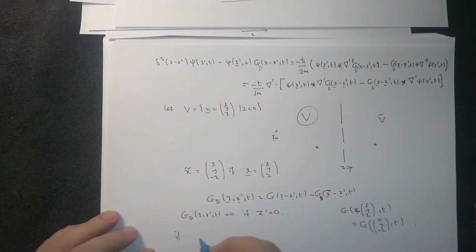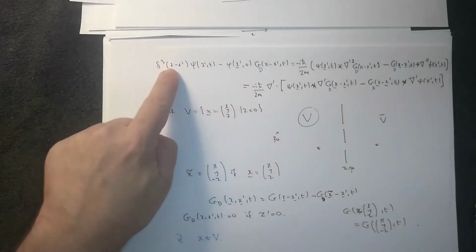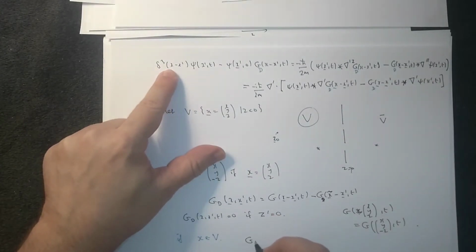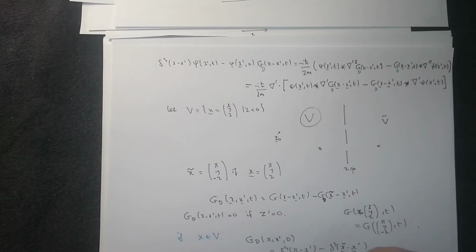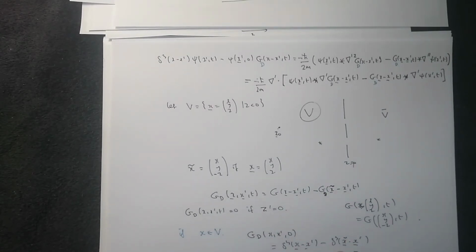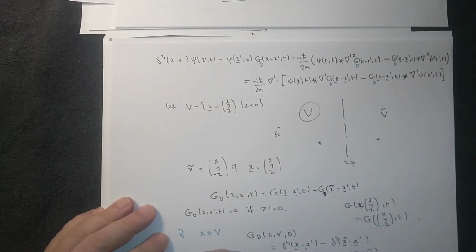That's if x is in V. If x is not in V, then g_D of x and x prime at 0 is delta cubed x minus x prime minus delta cubed x tilde minus x prime. But that's in V bar. So this applies if x prime is also in V.